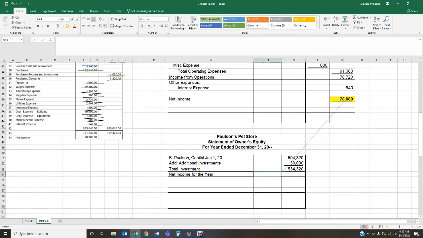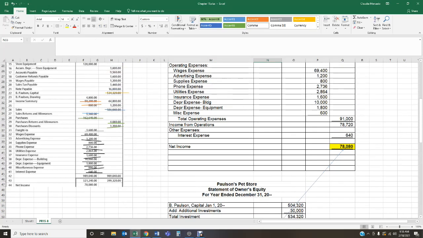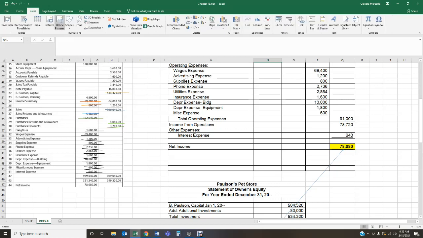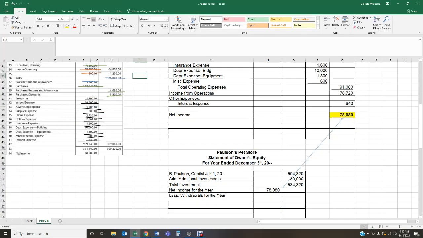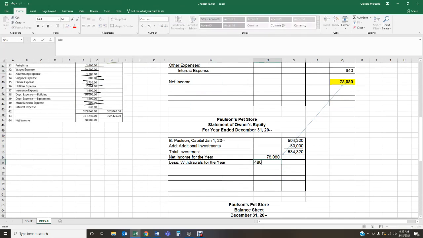In net income for the year, we had 78,080. Okay. We're also going to deduct our withdrawals. We had withdrawals of $4,800. Okay, so we had withdrawals of $4,800.